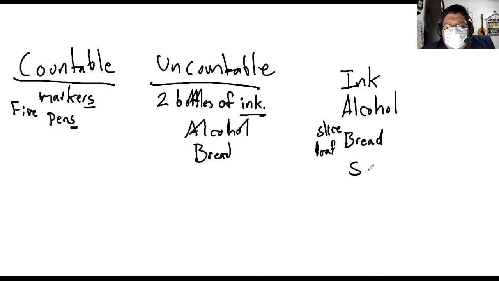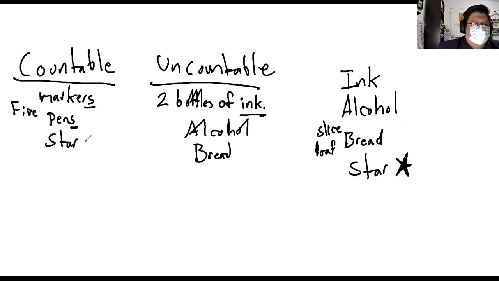What about the word star? All right? Star. What do you think? Is it countable or uncountable? Before I tell you, if you said countable, you are correct. Now, some of you may get confused here because you can say, what? We can't count the stars.